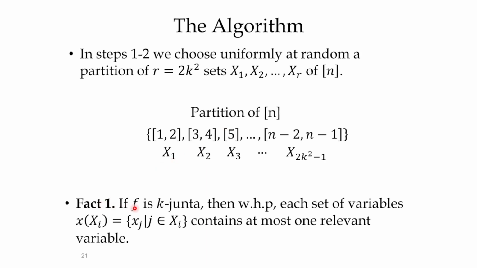So we got fact 1. If f is k-junta, then with high probability each set of variables x of Xi, equal to xj such that j is in capital Xi, contains at most one relevant variable.